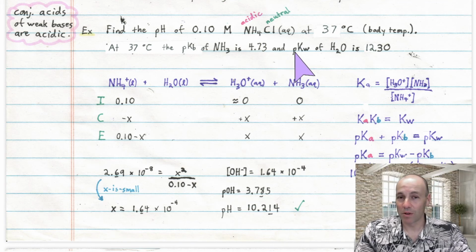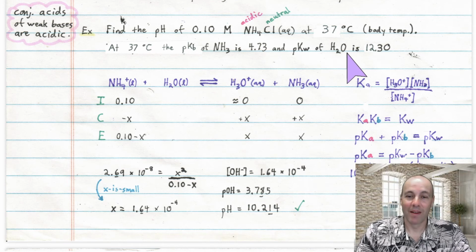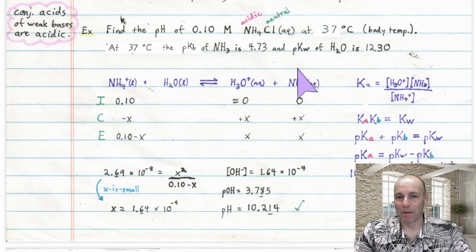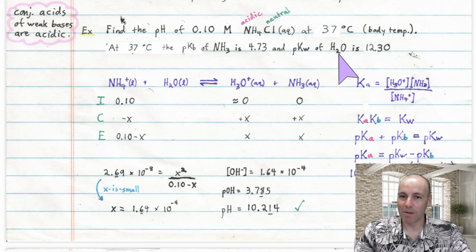And likewise, you're told what the pKw of water at that temperature is, so you can figure out what the Kw of water at that temperature is. Maybe you remember the relation, with logarithms and powers of 10. If the pKw of water is 12.30, then that means that the Kw of water is 10 to the negative 12.30.